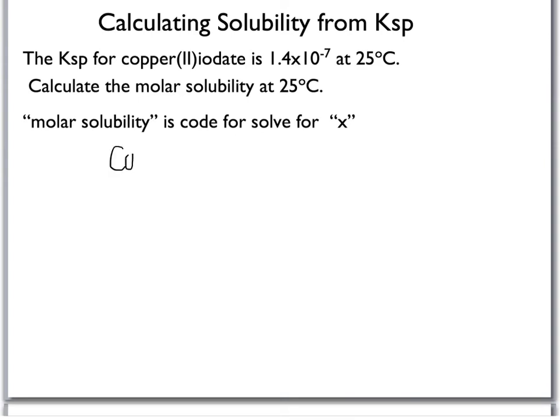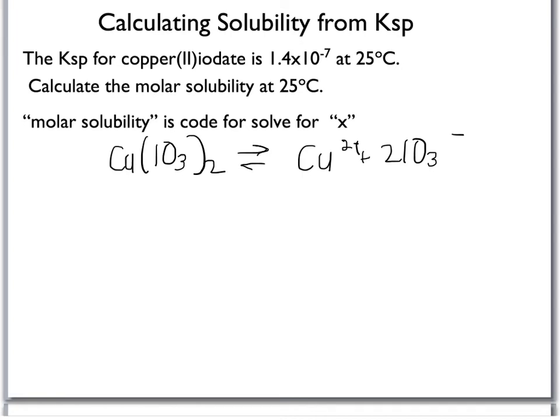So we have the copper iodate, Cu(IO3)2, which is going to break down to form Cu with a 2+ charge plus 2 iodate ions. So that's my X, that means that's 2X.